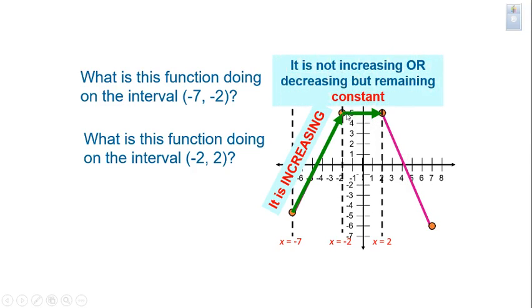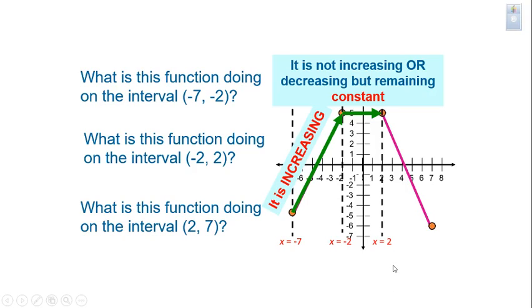So we say the function has a constant value from x equals -2 to x equals 2. Then, if we look from 2 to 7, you can see that the graph is again decreasing because the graph is going downward from x equals 2 to x equals 7. And that's how simple that is.